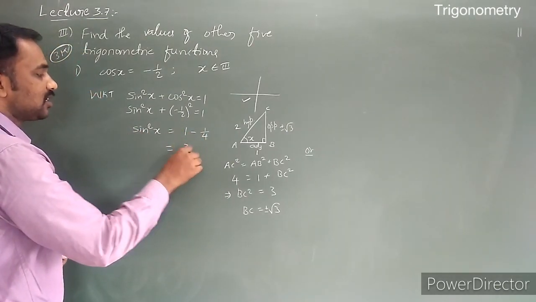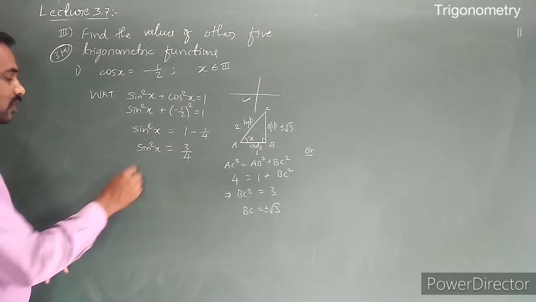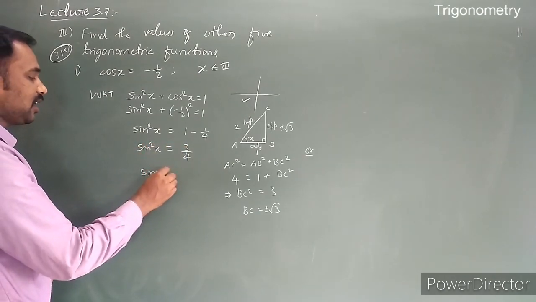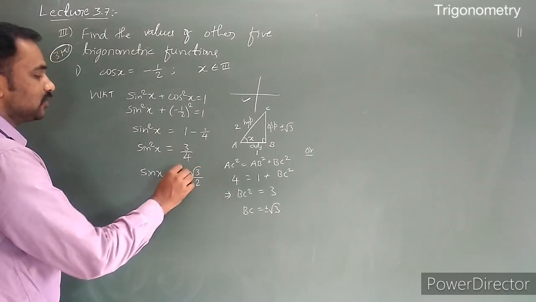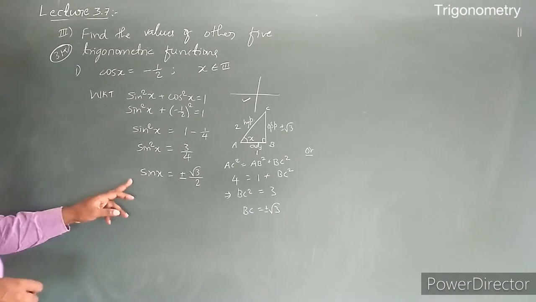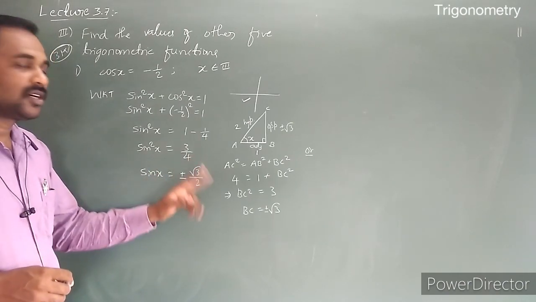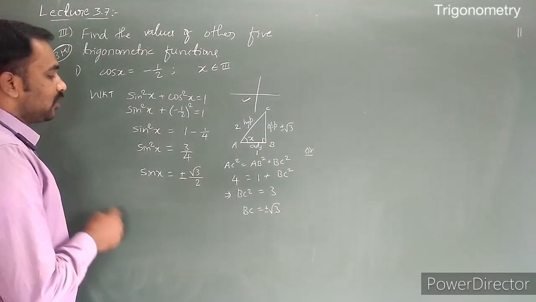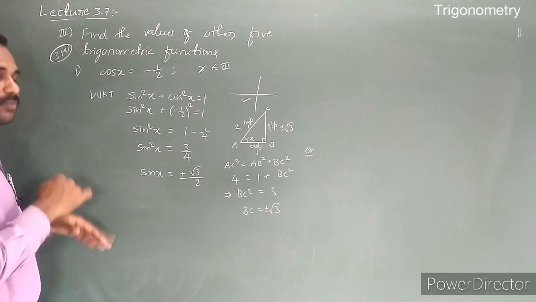After simplifying, 3 by 4. So sin square x is equal to 3 by 4. I need the sine, so taking the square root on both sides, root 3 divided by 2, it is plus or minus. You got it? Plus or minus root 3 by 2 is the sin x value. Whether we need to choose only the positive value, the negative value, or both values.